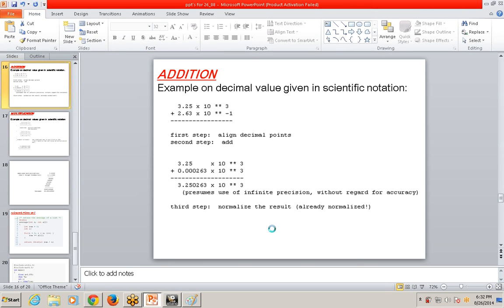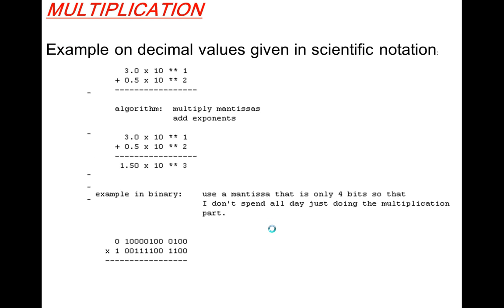Now the next step is multiplication. This is an example for multiplication on decimal values given in scientific notation: 3.0 times 10 power 1 and 0.5 times 10 power 2. The algorithm: first of all, multiply the mantissas.